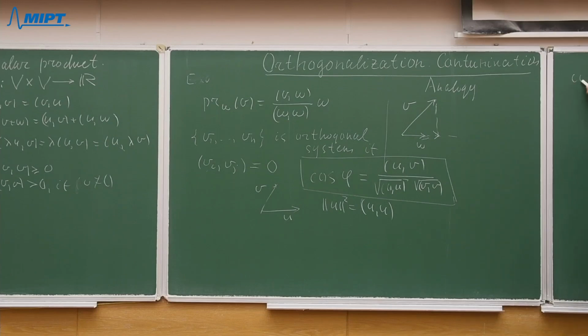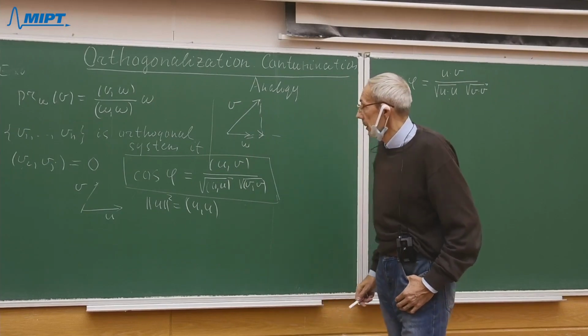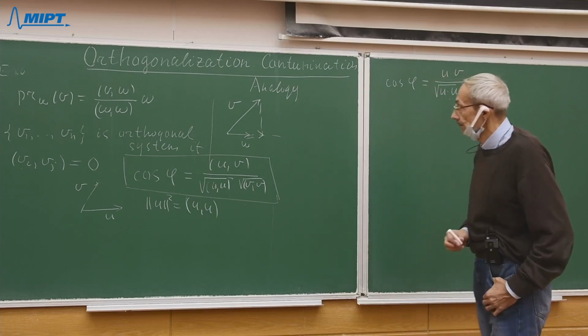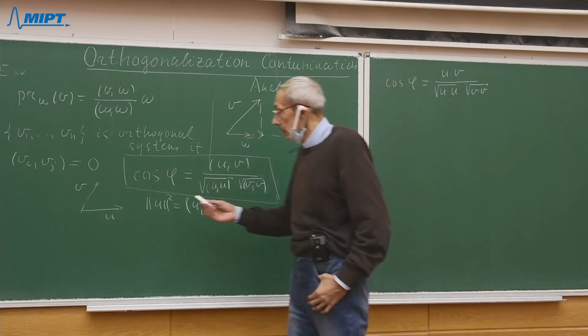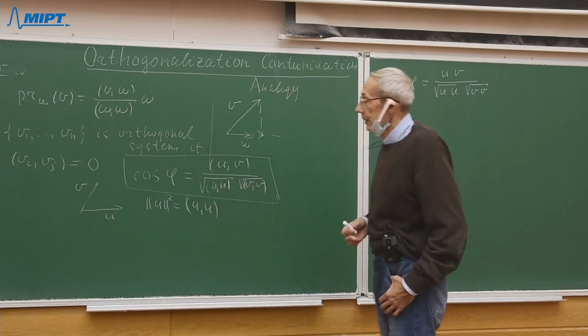I recall that cosine phi can be defined using the dot product by the following formula. And if we change the dot product to the scalar product, we obtain this analog of the formula for the angle between two vectors. But in our abstract case, the angle is not a direct angle.